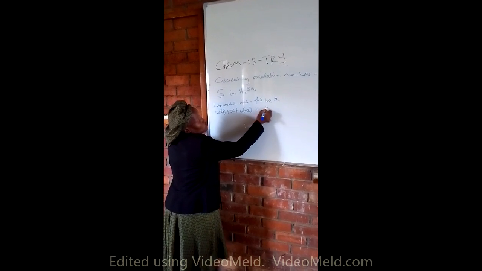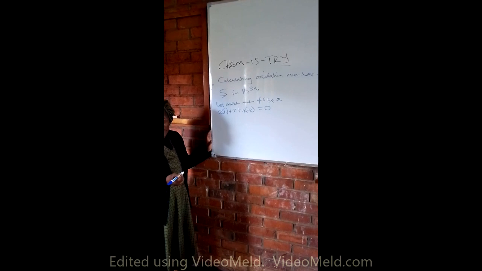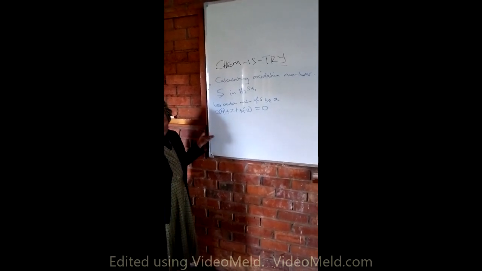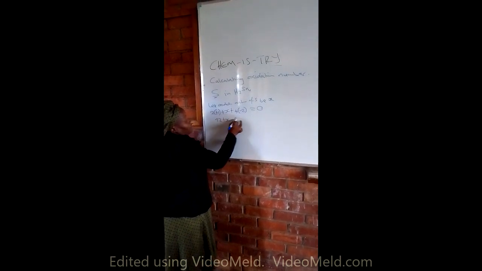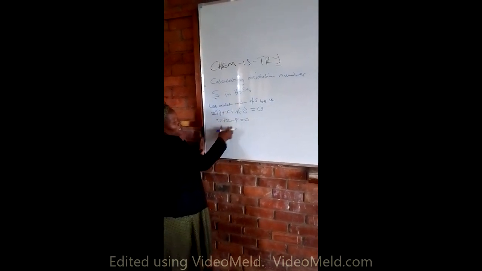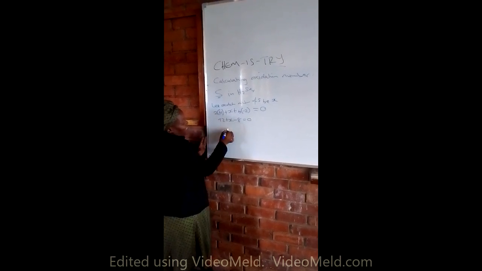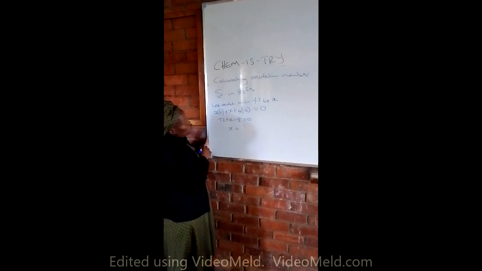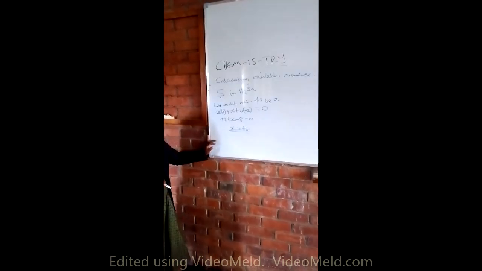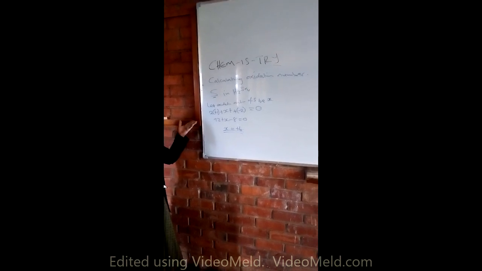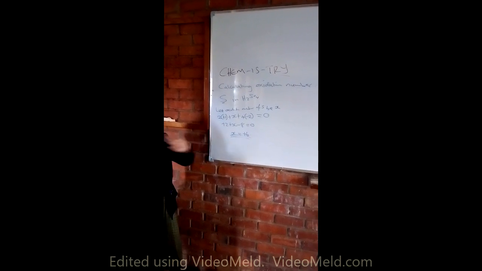And all this should add up to 0. So we end up with an algebraic expression, and we need to solve it. So it's +2 plus X minus 8 equals 0. Let's compute this. X is going to be equal to +6. So the oxidation state of sulfur in sulfuric acid is +6.